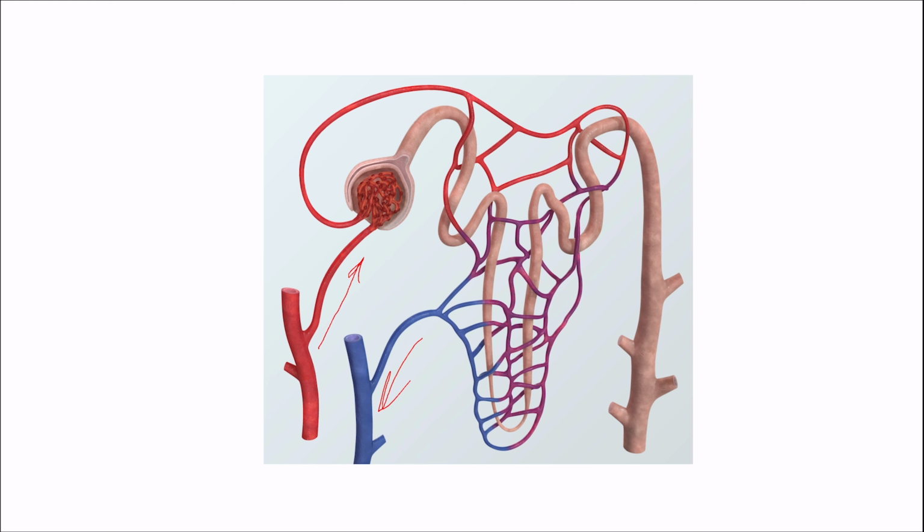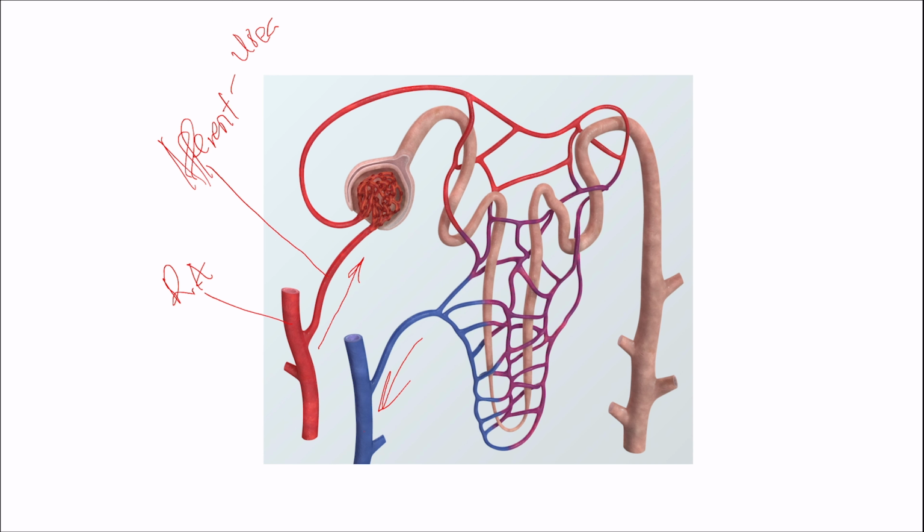As a branch of the renal artery, we have the afferent arteriole. The afferent arteriole is a branch of the renal artery that takes blood to each kidney nephron, which means this blood will be very rich in urea.